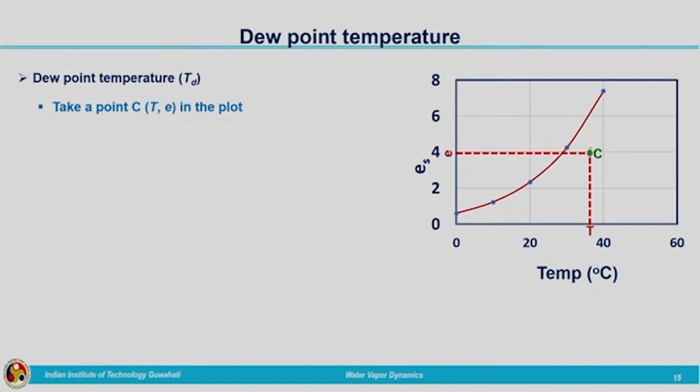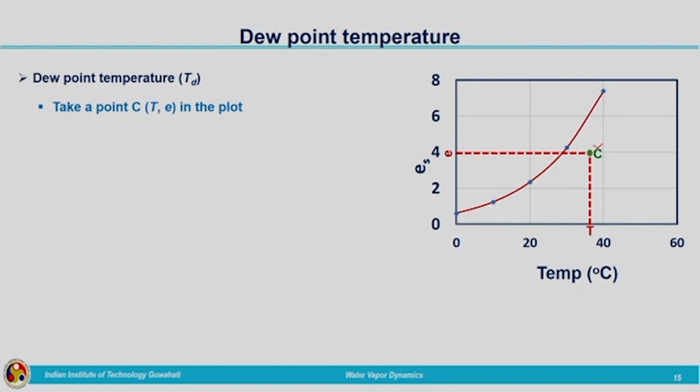This particular point C is represented by a temperature T, and corresponding to that we have a vapor pressure E. But that value E is not the saturation vapor pressure. Look, the point C is on the plot, but it is not on the curve.